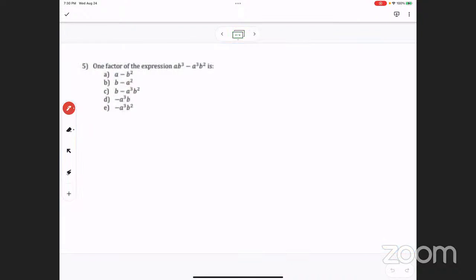All right, one factor of the expression is going to be AB squared, right? But that's not one of the choices they're giving you. So let's factor out AB squared. When I factor out AB squared, here I'm left with B, and here I'm left with just A squared.